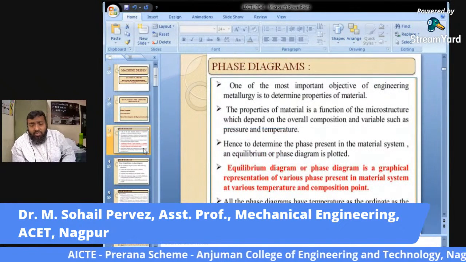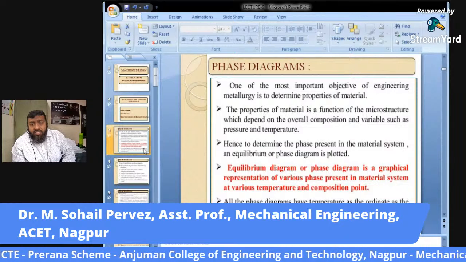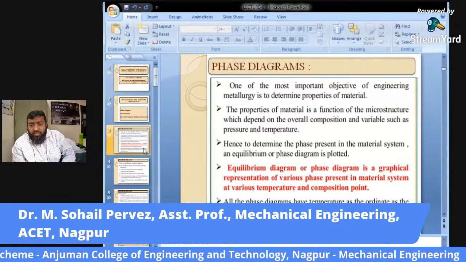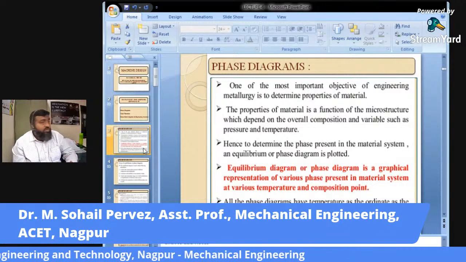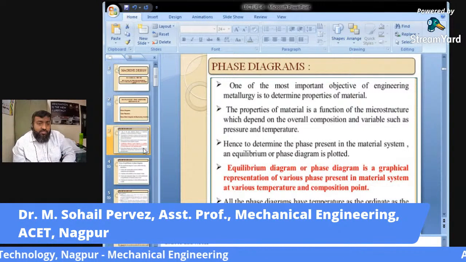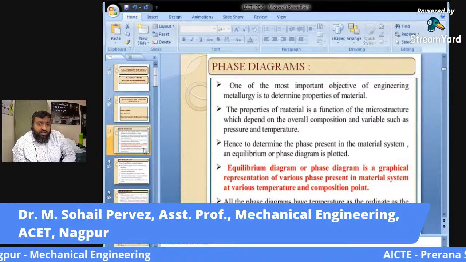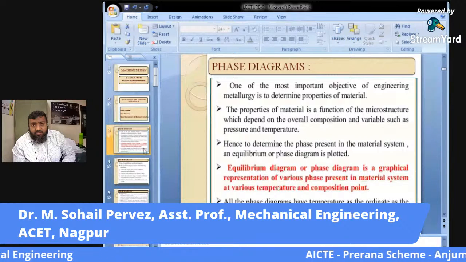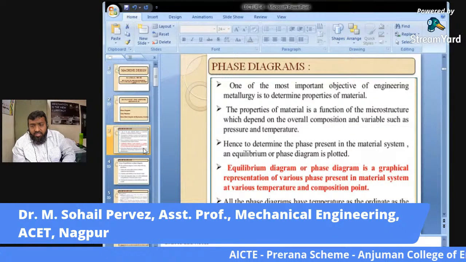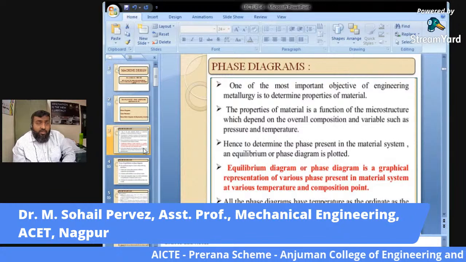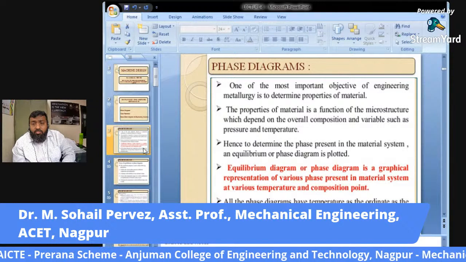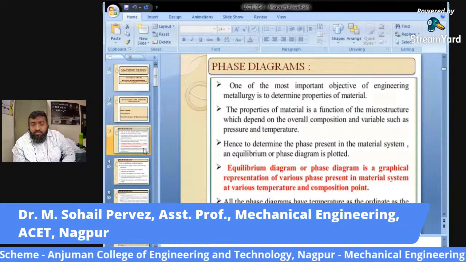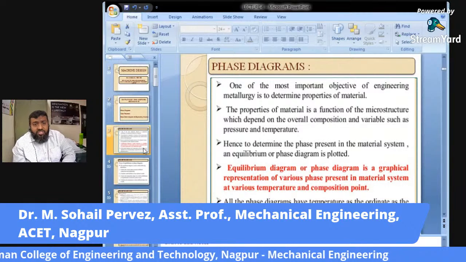Now, when we say phase diagrams, these are nothing but the representation of basic properties of material in terms of its microstructure, wherein the diagram is a graphical representation. The phase diagram is generally represented in terms of temperature, composition, and pressure.